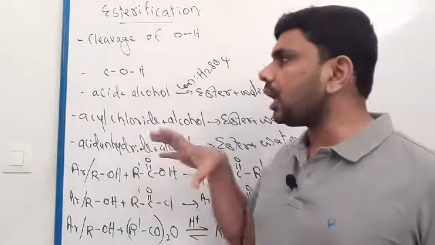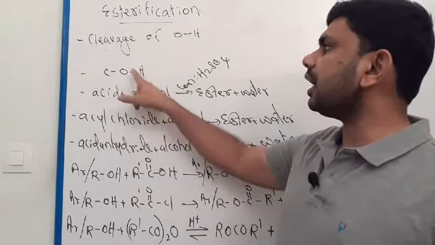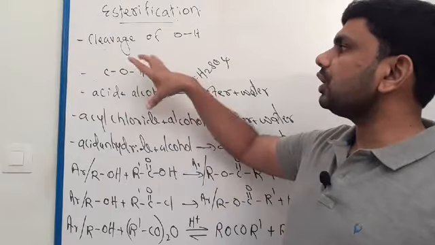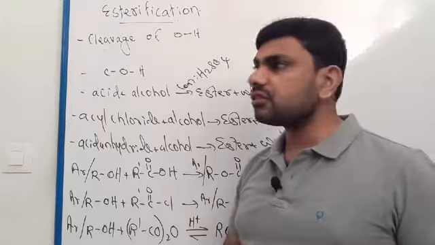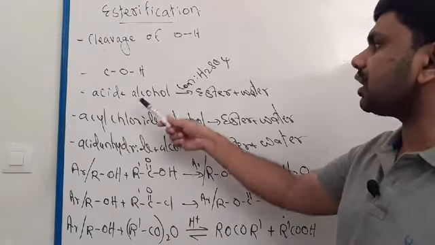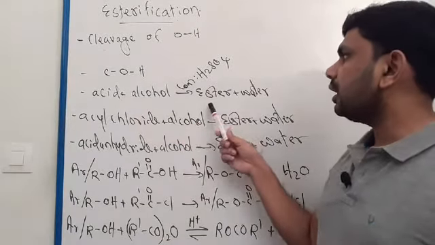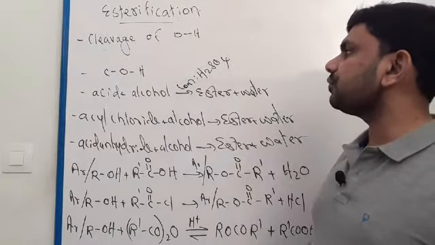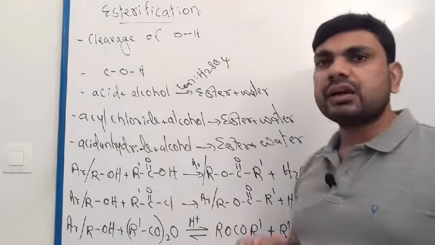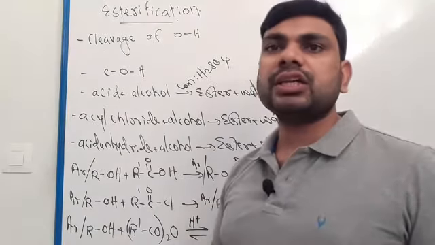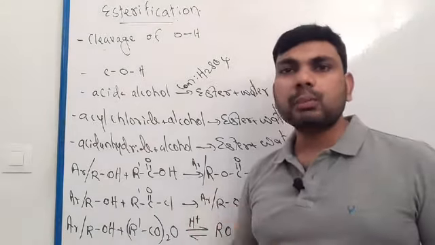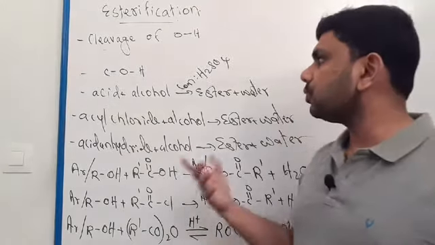Here we are talking about oxygen-hydrogen bond breaking, and esterification comes under this category. Esterification means an alcohol reacts with a carboxylic acid to form an ester in the presence of concentrated sulfuric acid. Concentrated sulfuric acid is a dehydrating agent, which means it helps to remove water.